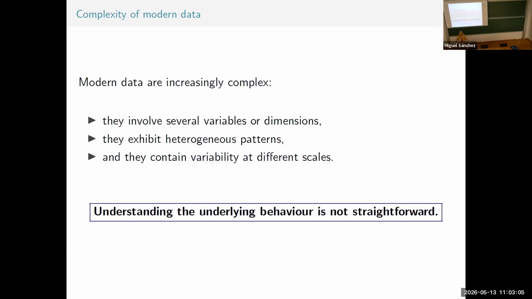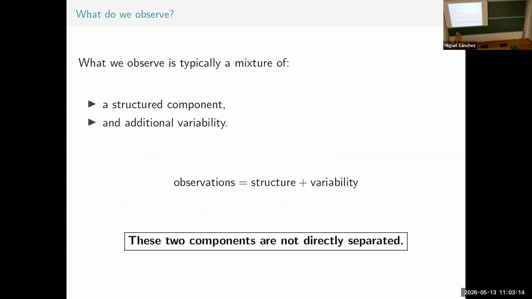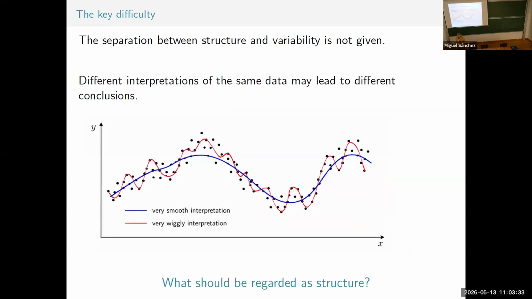Maybe this is very uncomfortable for some people, but this is what we deal with in real life every day if we analyze data. What we observe is the sum of something that has a structure plus some variability that may be due to many different sources. But when I see the data, I don't know which part is which. So my aim is to separate these two things.